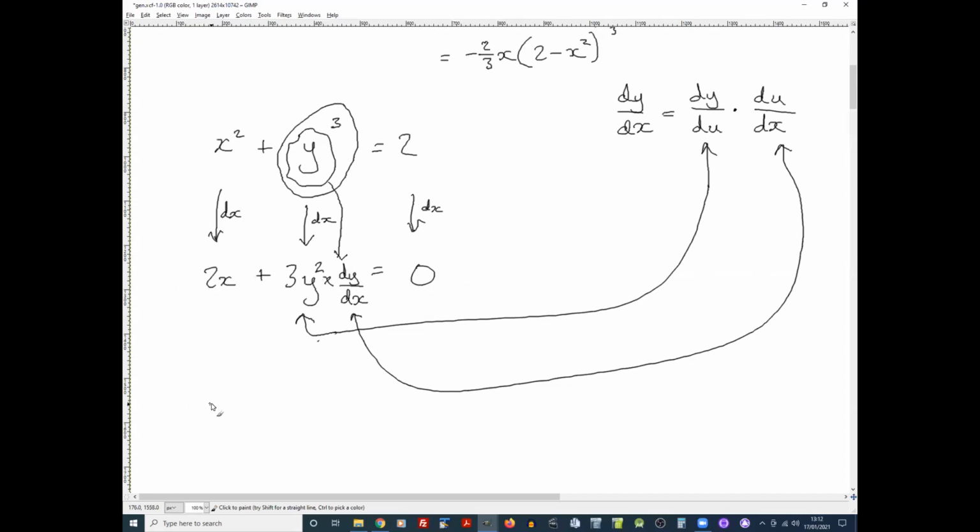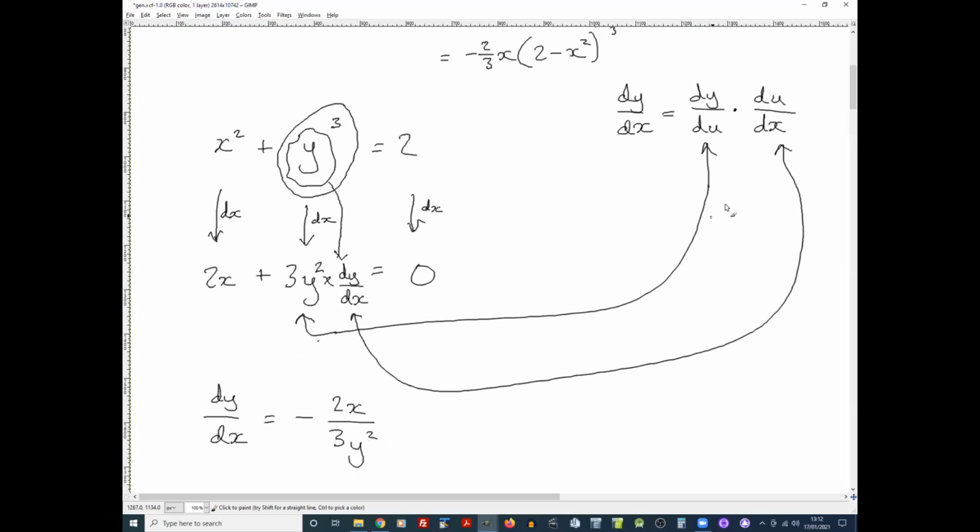Well, we could say minus 2x over 3y squared equals dy by dx. Exactly, to put it the other way around, so that dy dx is the subject. dy dx equals minus 2x over 3y squared.